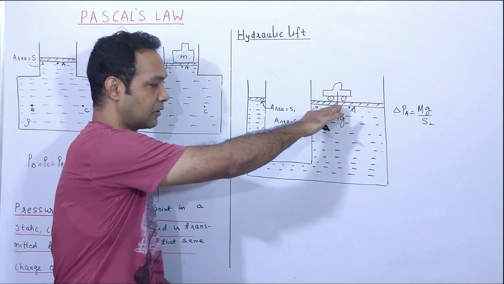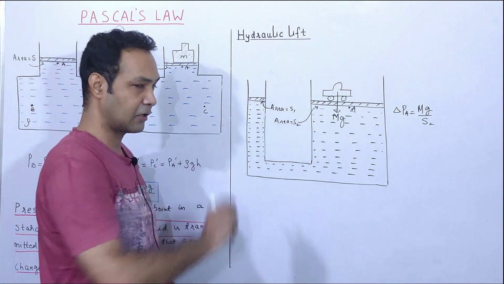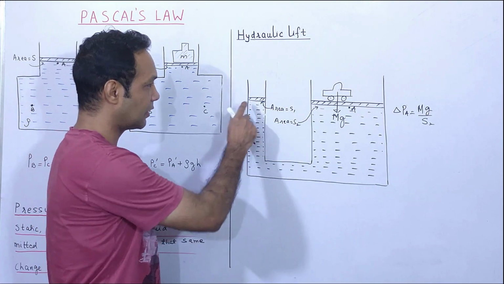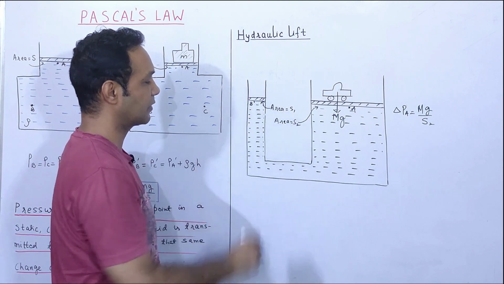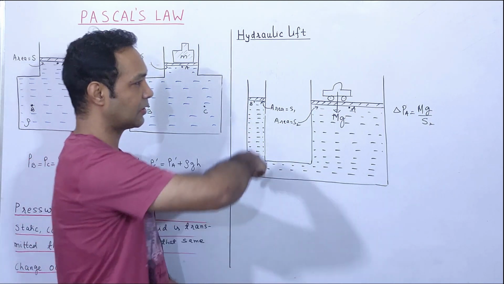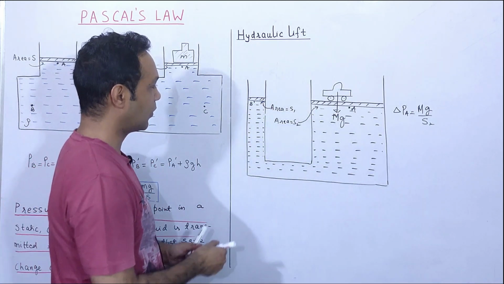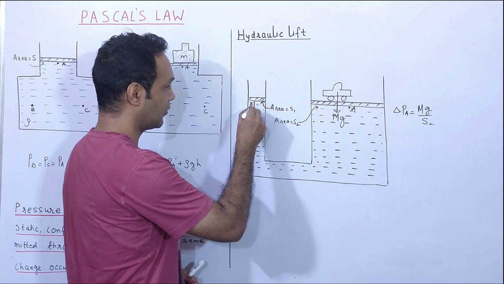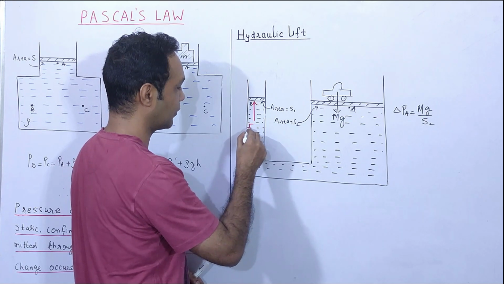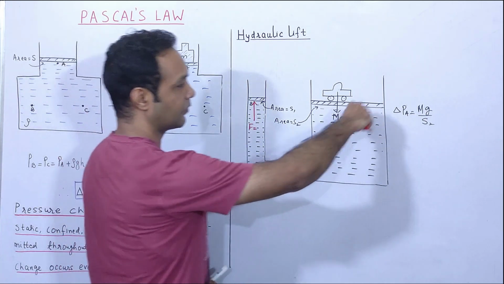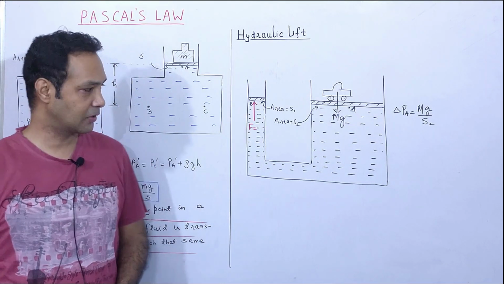The same pressure difference will transmit to all parts of this confined liquid. So at this point, say B, the pressure will also increase by the same amount. So there will be a new upward force here, say F, because the pressure difference mg by S2 has been uniformly transmitted to all parts of the fluid.